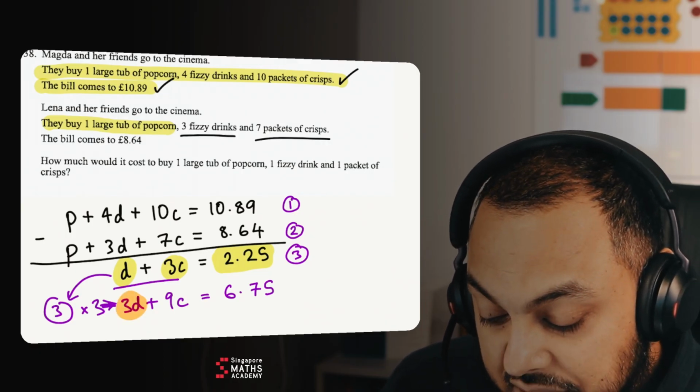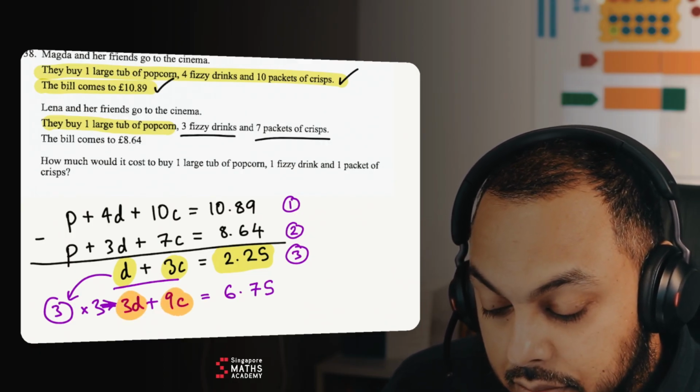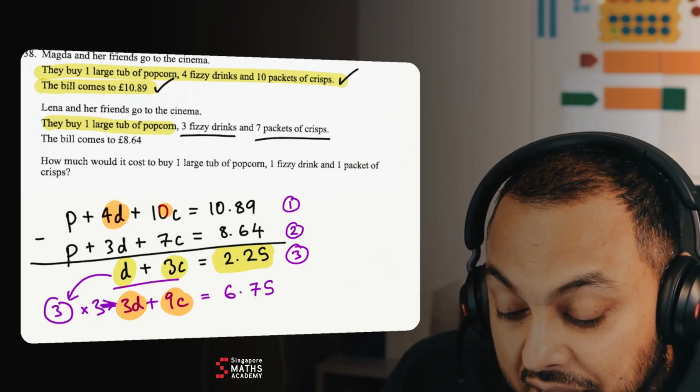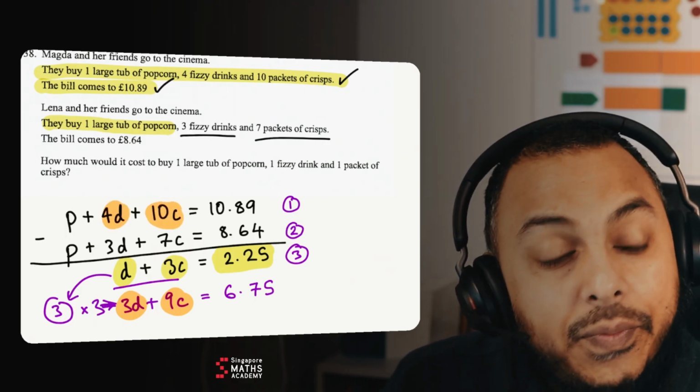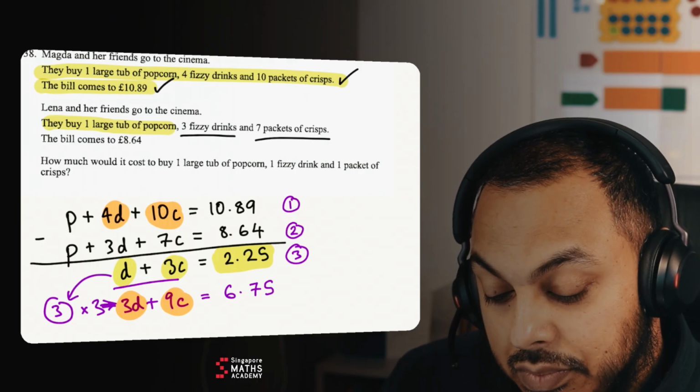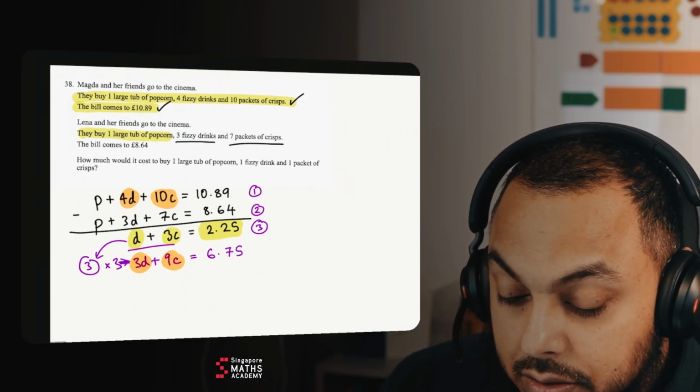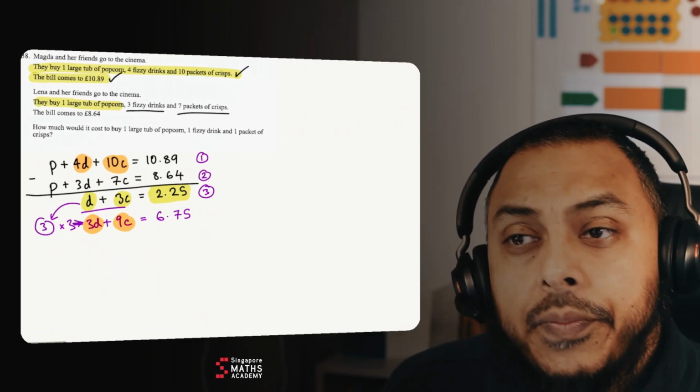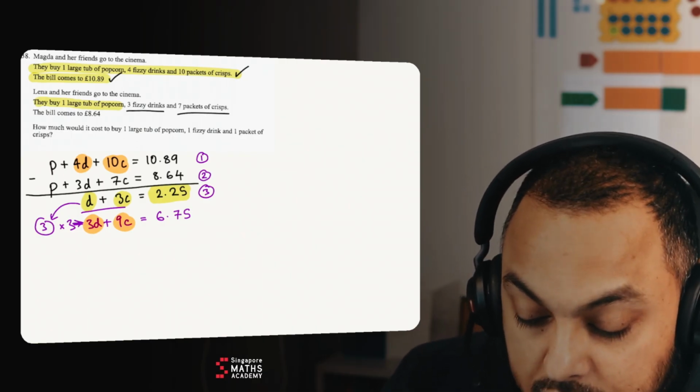We've got 3d here and 9c. We've got 4d here and 10c. Any ideas? Right.